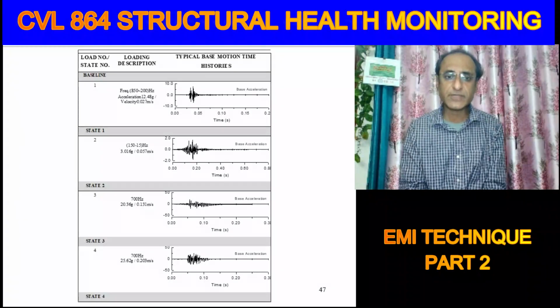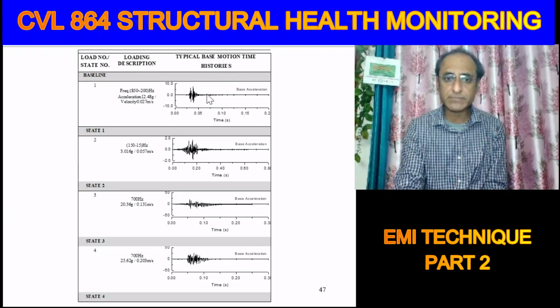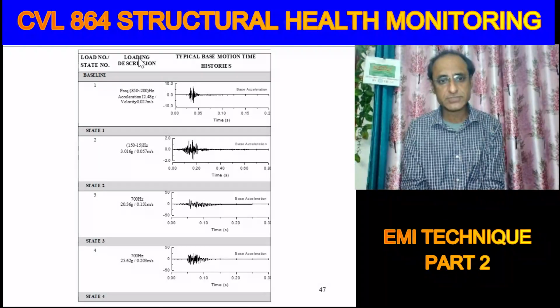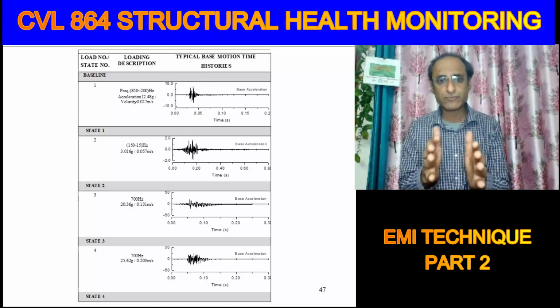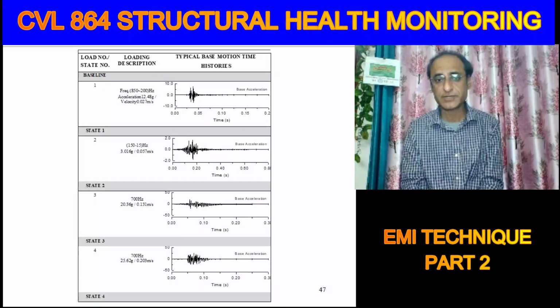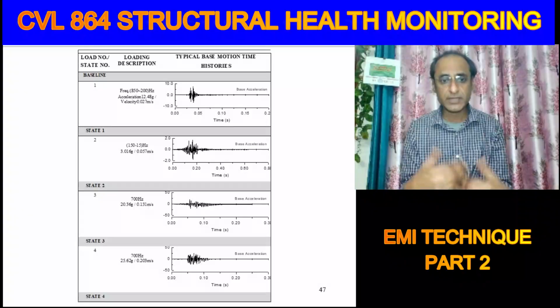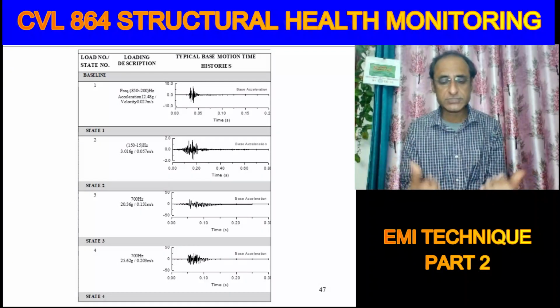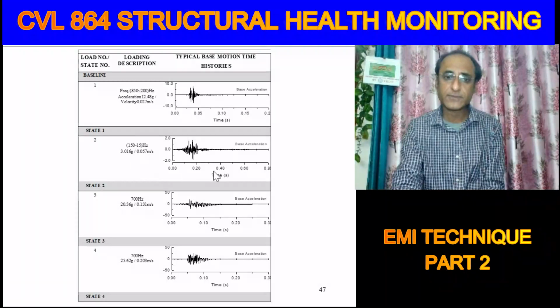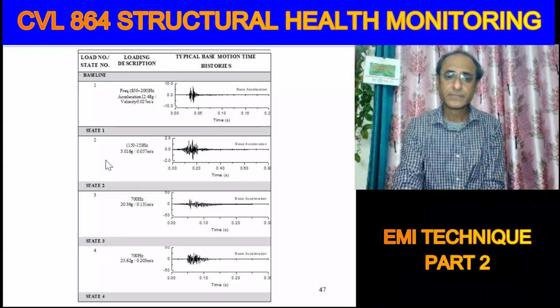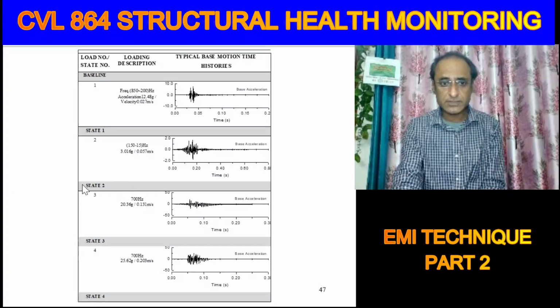So we had done the measurements which we call baseline measurements before starting the experiment, and after giving some jerk in the vertical direction, the time histories are shown here, we again recorded measurements from the 2 patches, that is state 1. Then another excitation was given. After the excitation, measurements were made.